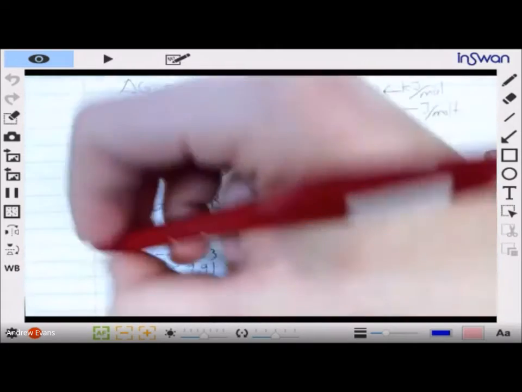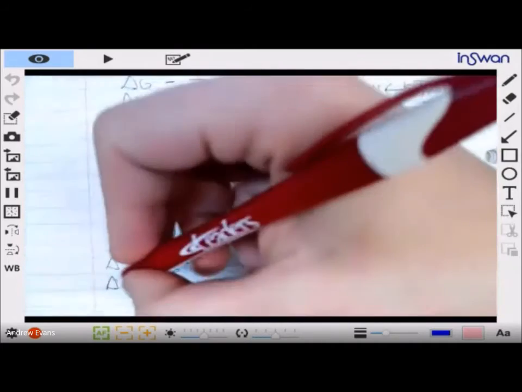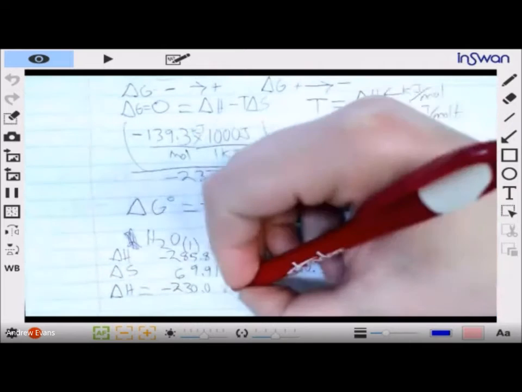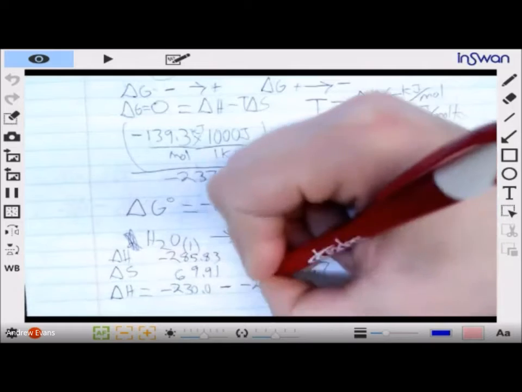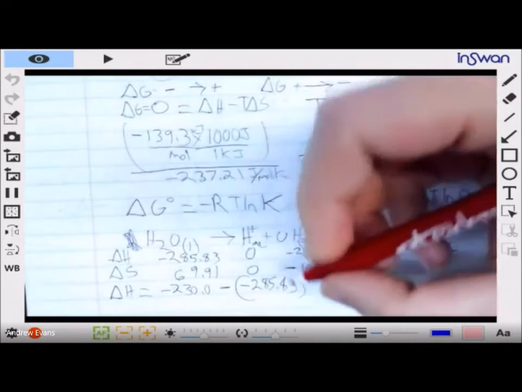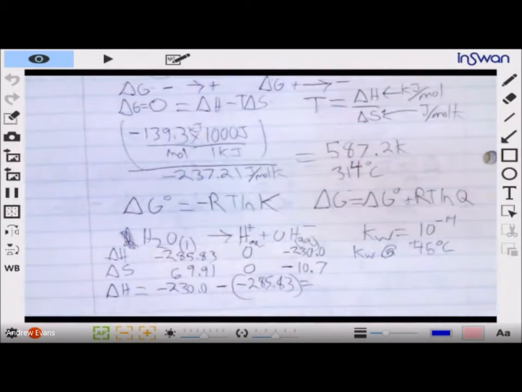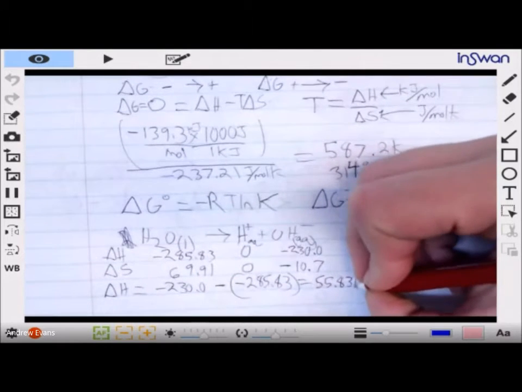So to calculate our enthalpy, it's going to be negative 230.0 minus a negative 285.83. So you'd say the H is 55.83 kilojoules.